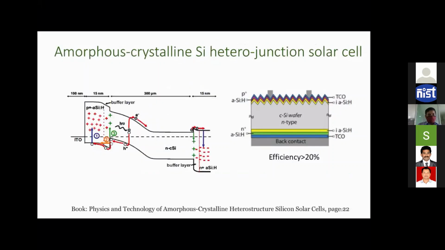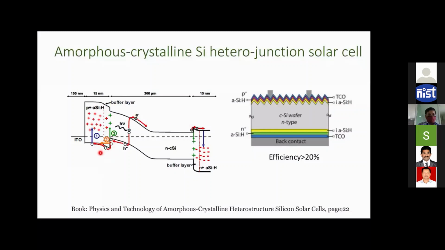So the answer can be found if you see the overall band diagram of a double heterojunction silicon solar cell of this kind. See, this buffer layer is actually your intrinsic amorphous silicon. Because of the presence of a very thin intrinsic amorphous silicon, it is actually not preventing your charge carrier transport, because you are having charge carrier transport either by tunneling or by thermionic emission.